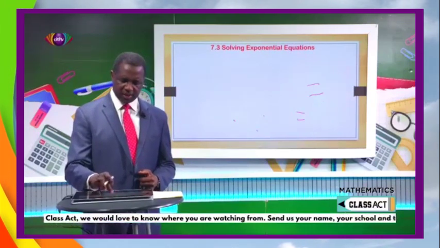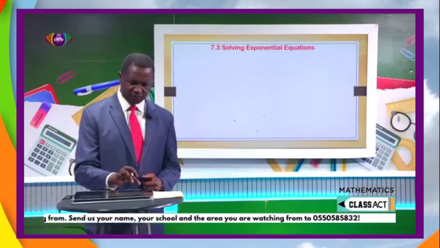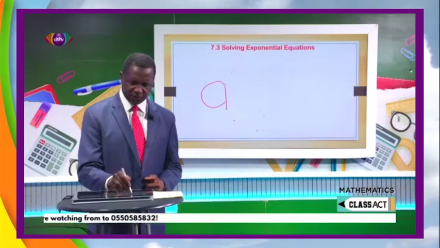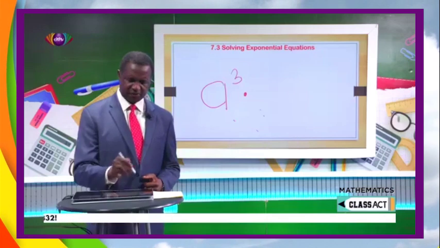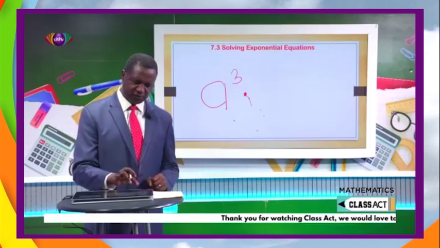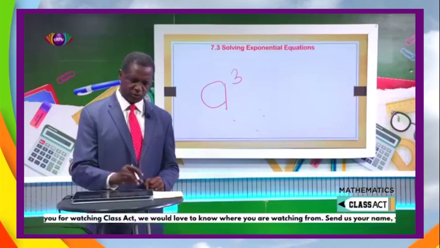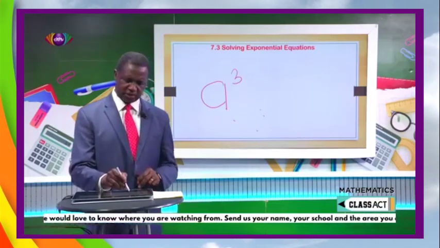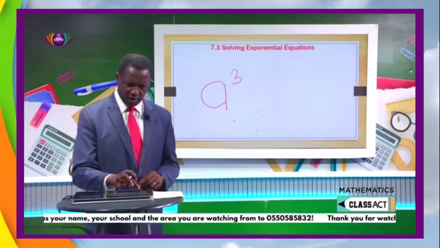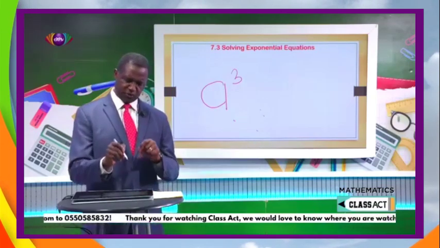If I have a to the power of 3, and I multiply this, remember, I've already told you that this symbol means multiplication. So I can use the regular times that we know, or I can also use the dot in between.